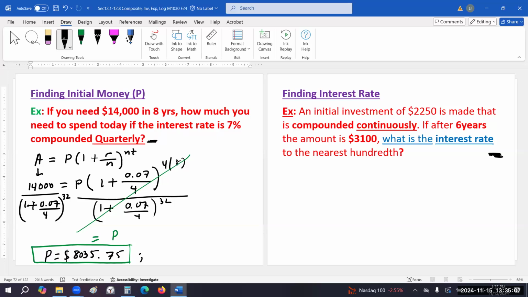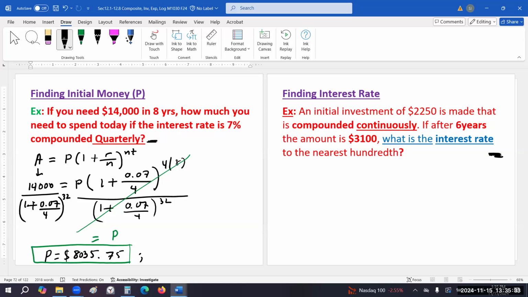Really? Why that long? We will have 31,000 instead of 3,100, right? Okay, they want 2,200 to become 3,100 in 6 years, and they want to compound continuously. Then what should the interest rate the bank gives us be?